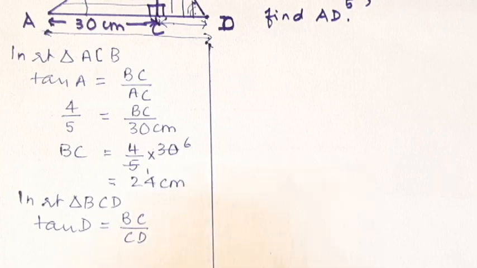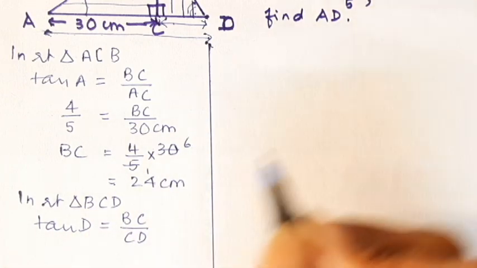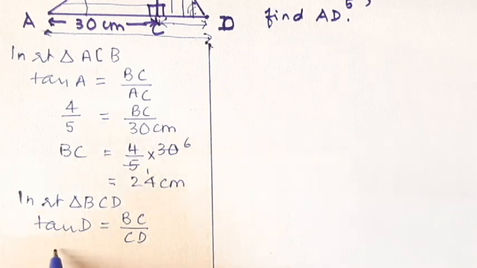And so we put the value of tan D, which is 12 upon 5, and that is equal to BC we already found out as 24. So 24 centimeter upon CD.